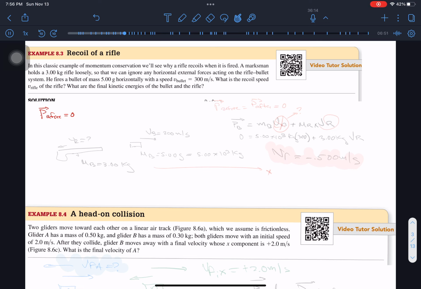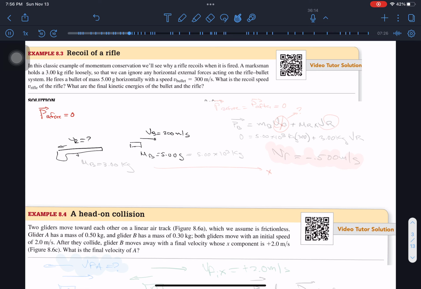rifle, right? So the rifle, which we're going to draw like this, is going to have a velocity which we have to find, and the bullet is going to move to the right at a velocity of 300 meters per second, and it has a mass of 5 grams.